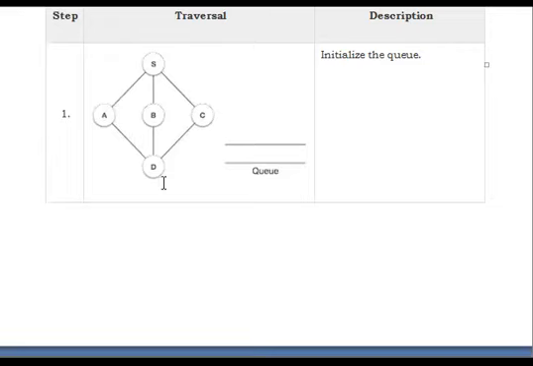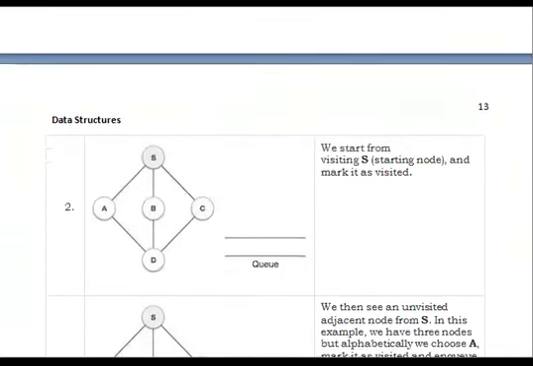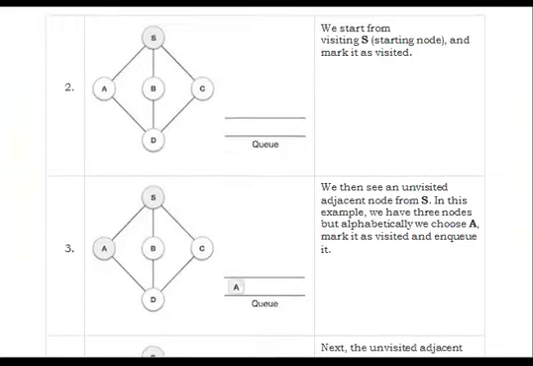This is a graph. There are five nodes. Initially, the queue will be empty. Then from the graph, we start at the source node S and mark it as visited.